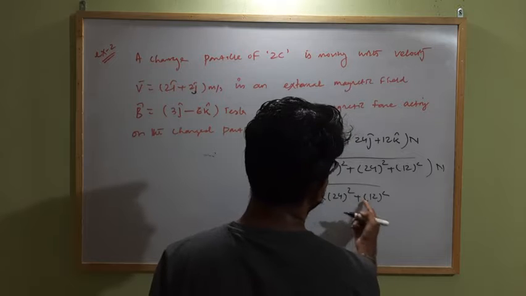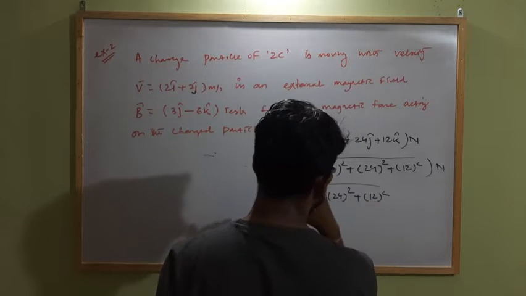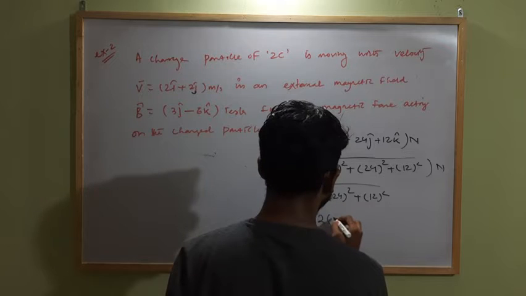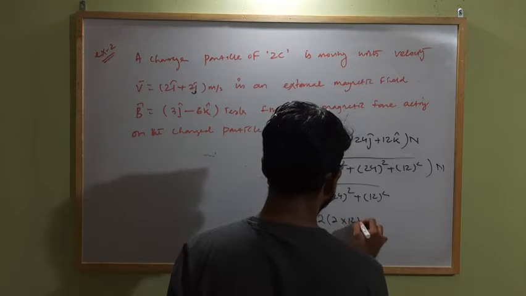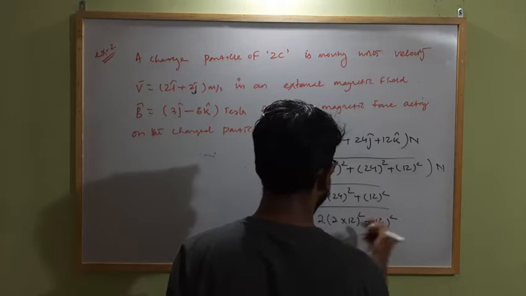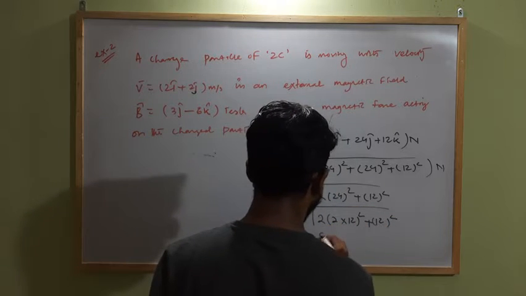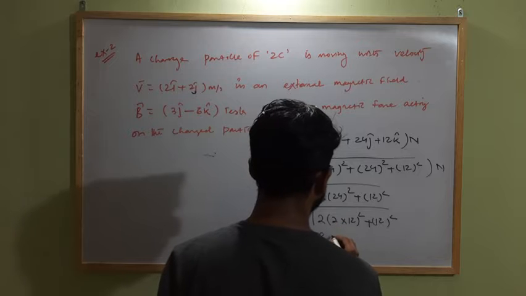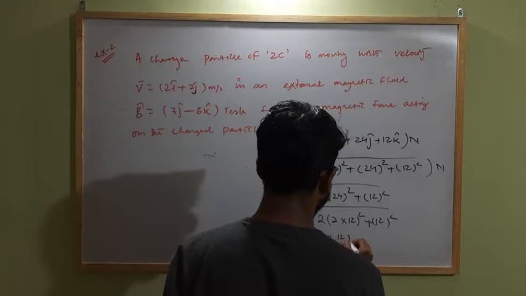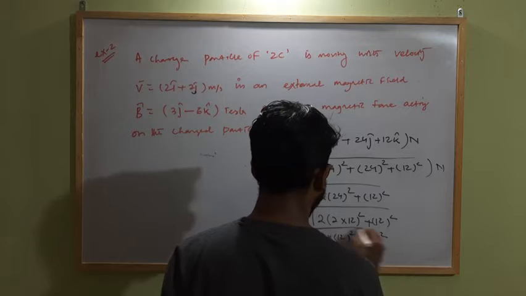So it can be written as taking 12 common. This will become how much? 2 into 2 into 12 square plus 12 square root over. So taking 4, it will become 8 into 12 square plus 12 square root over.